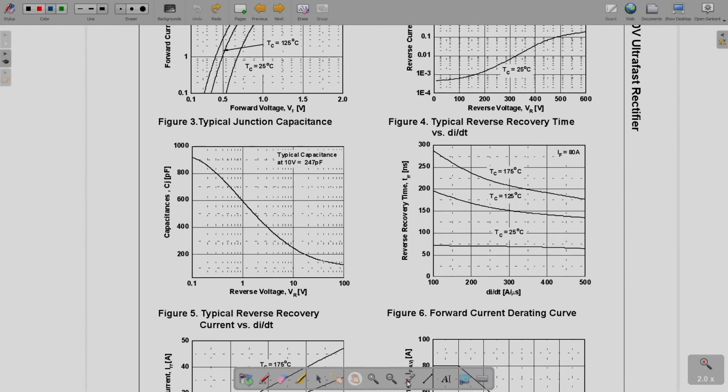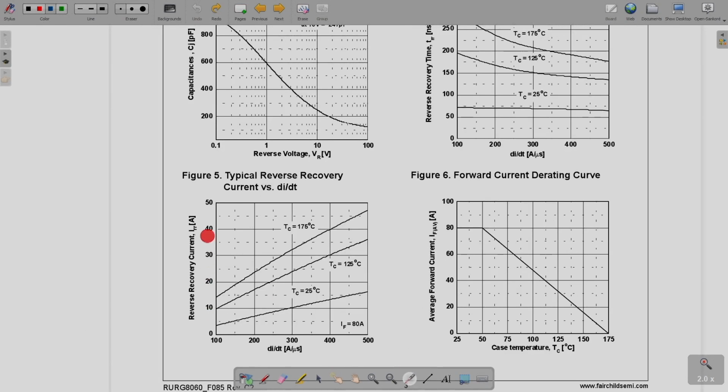Here we see how the junction capacitance changes with reverse voltage. Then your reverse recovery time: as you increase di by dt, when the temperatures are higher, TRR tends to reduce.